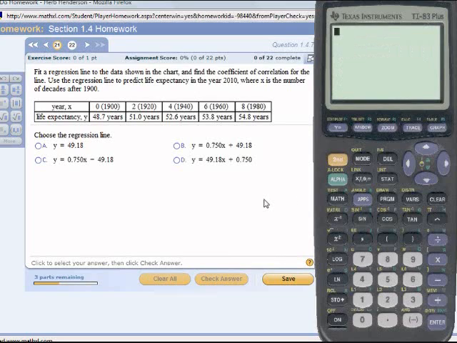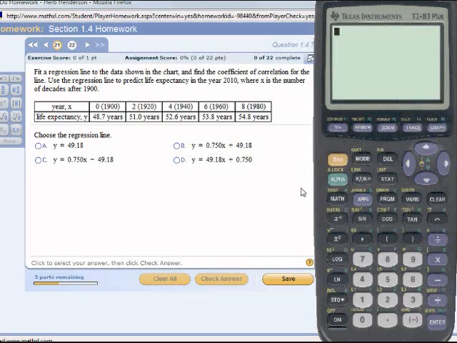So your first step, and we'll actually have to go backwards just for a second. You're going to need to turn something on in your calculator that's not normally on when you buy it, so that you can get the coefficient of correlation. You'll need this throughout the course.